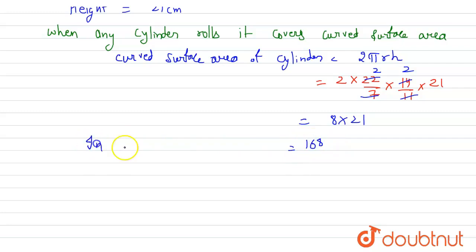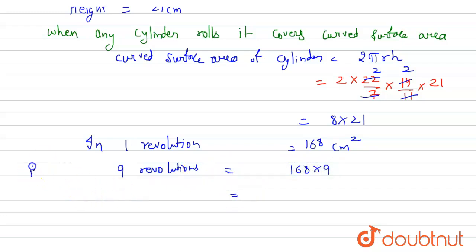This is in one revolution. In one revolution, we have this much area. So in 9 revolutions, we have 168 multiply 9, and this would be in 4.5 seconds. We have 9 revolutions.